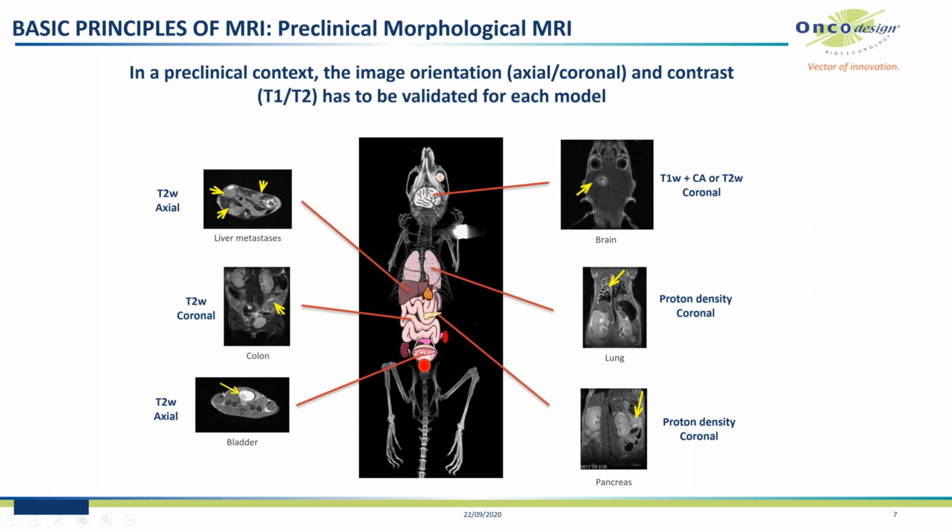So we can adapt for each localization and each model the best contrast, T1 or T2, for example, and the orientation of the image, with, for example, a choice made between an image of the liver with an axial T2 weighted image, and a lung metastasis model where we will prefer a proton density image in the coronal orientation.